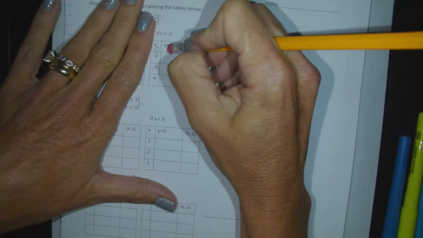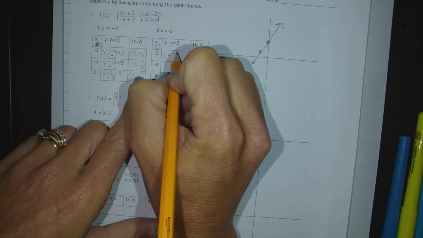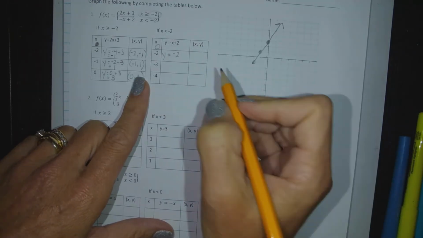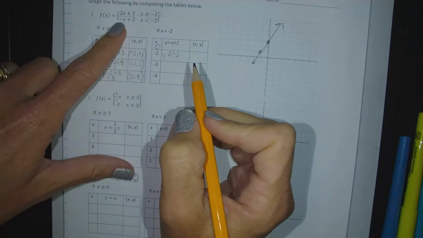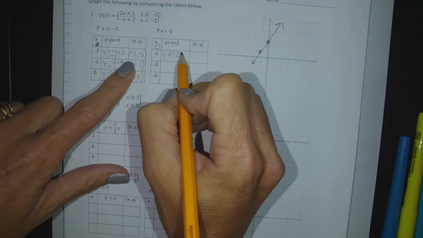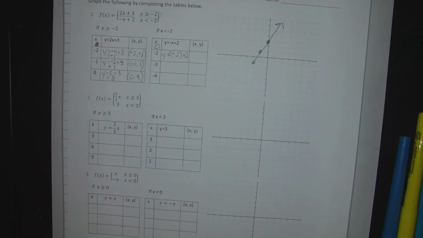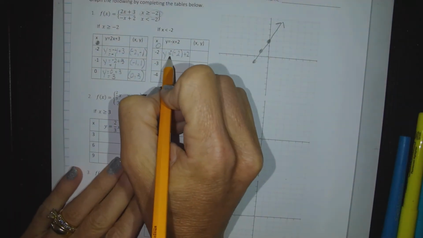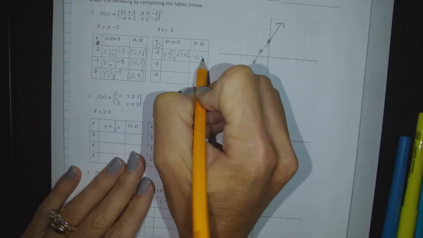Forgive me, let me erase. There we go. Okay. Y equals -(-2) plus 2. Negative on the outside. If you see, there's a negative, got a double negative, negative, negative, plus 2. All right, so negative, negative is just 2 plus 2, which is 4. So we have -2, 4.